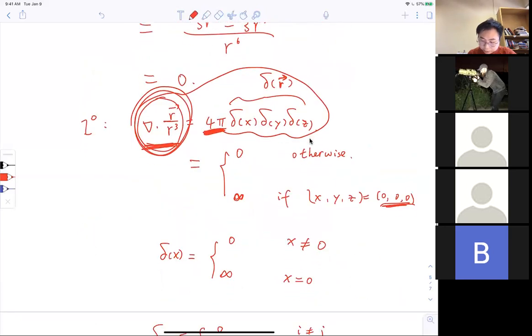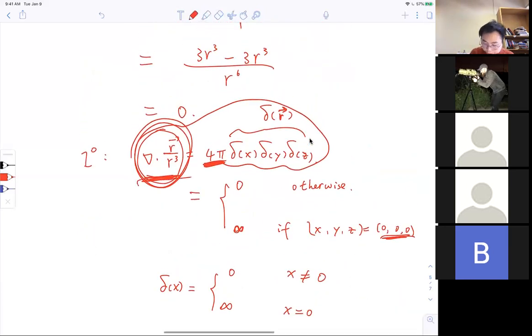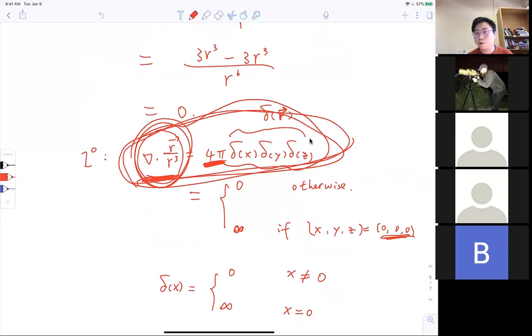If this equality is correct, because physically we know that an electric field due to a point charge is proportional to r hat, proportional to the r vector divided by r cubed.